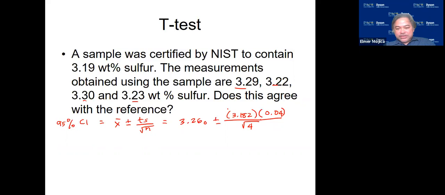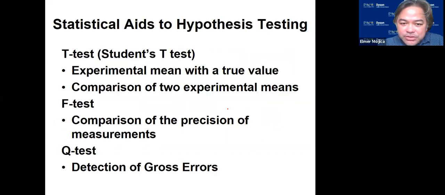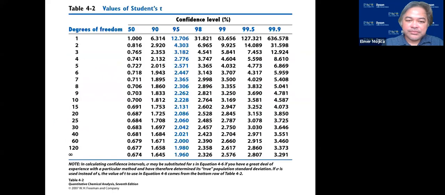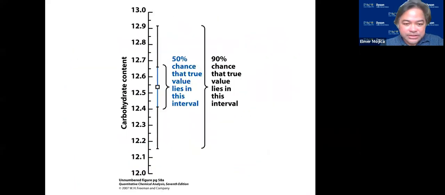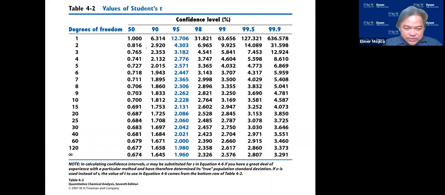Now, where did I get the 3.182? If you remember, we have the t table. For the 95% interval that we use, 4 measurements give 4 minus 1 = 3 degrees of freedom, so we use 3.182.